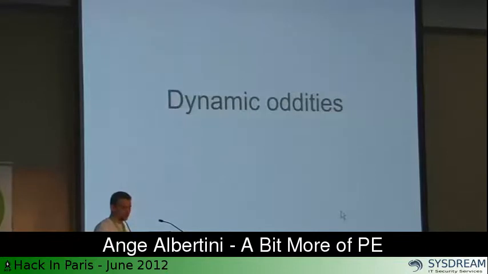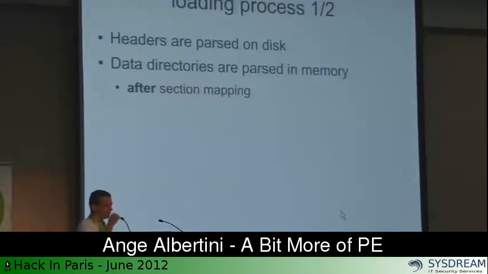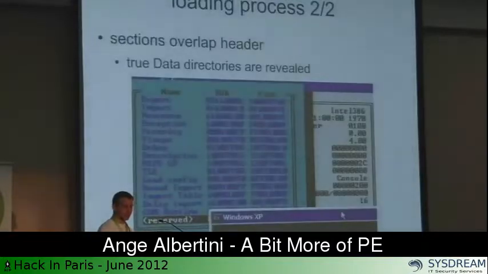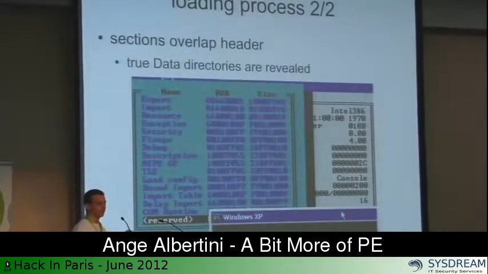So now let's move on to the dynamic oddities. During the loading process, all the headers are parsed on disk, and the data directories are parsed once everything is mapped into memory. The consequence is that if you play the trick and make a section overlap the data directories, so the headers are the same, but the data directories are overlapped, you can get some funny data directories.